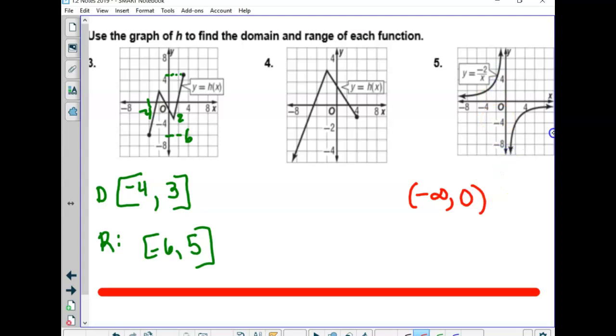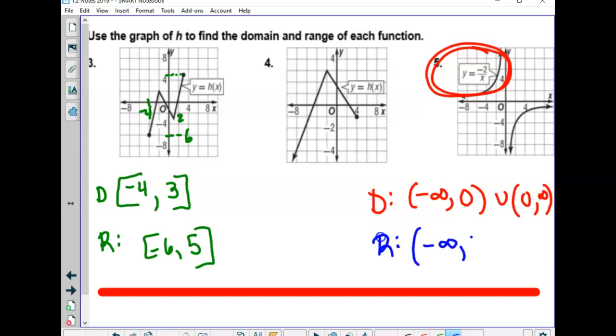And then it seems to pick up again to the right, so 0 to infinity. This one is best done by looking at that equation right there. Can you tell the only thing x can't be is 0? Because you're not allowed to divide by 0. Okay, the range. Well, if you can't divide by 0, what you can't get out is a 0. So it's the same thing.